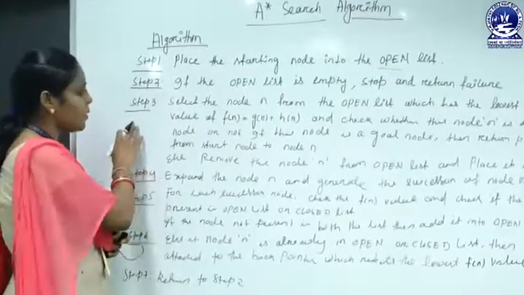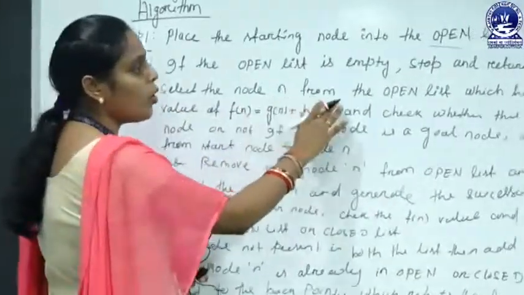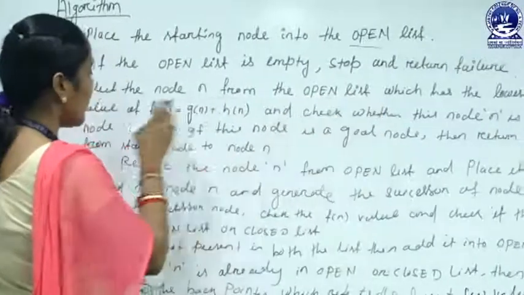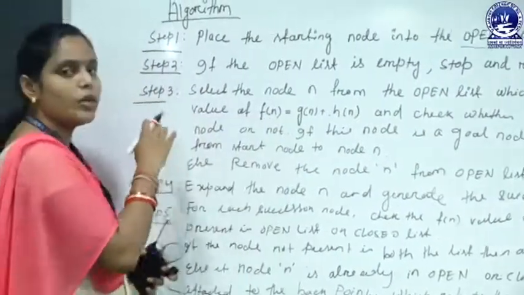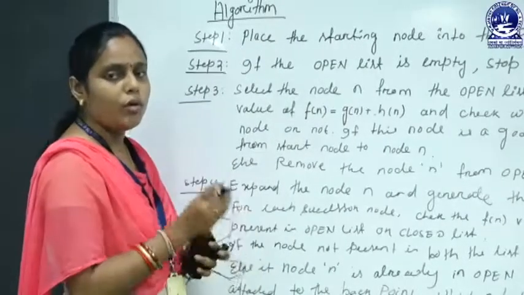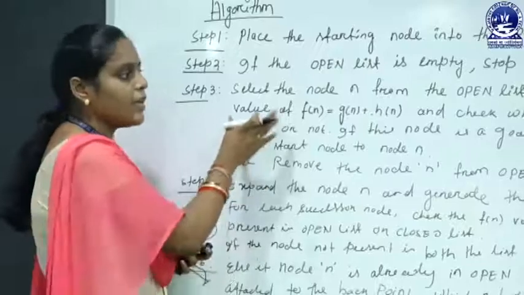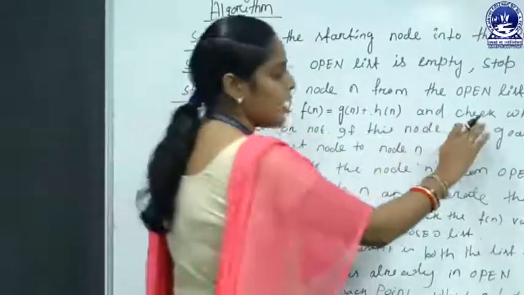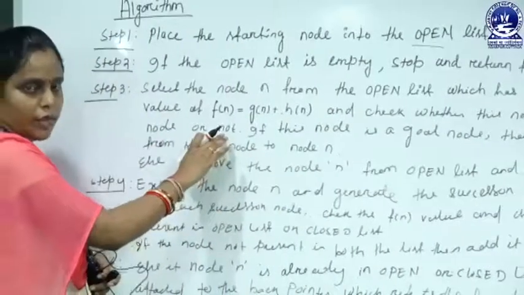Then next is step 3. In step 3, select the node n from the open list which has the lowest value of f(n). That means we select the node n which has the lowest evaluation function value. After selecting that node, we check whether it is a goal node or not.